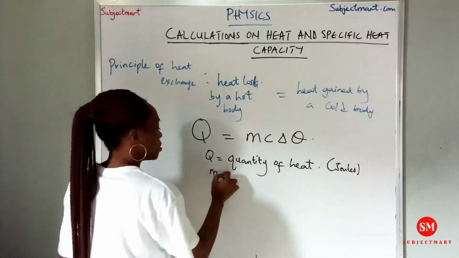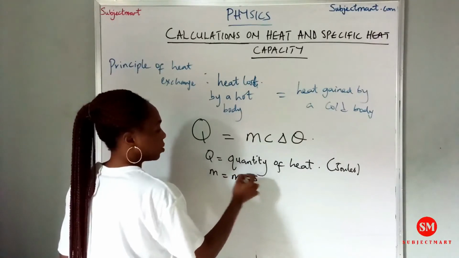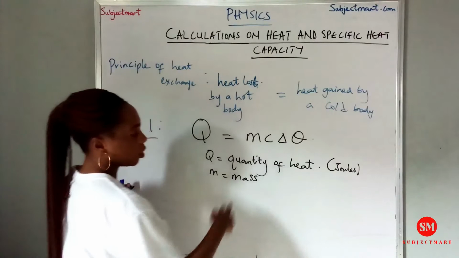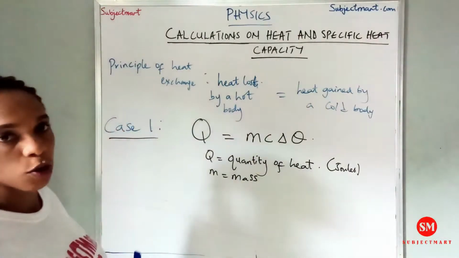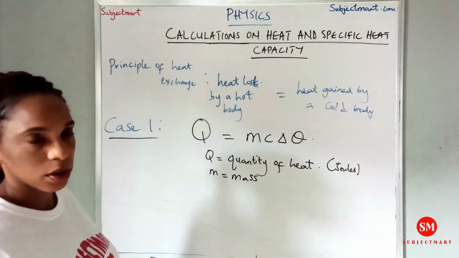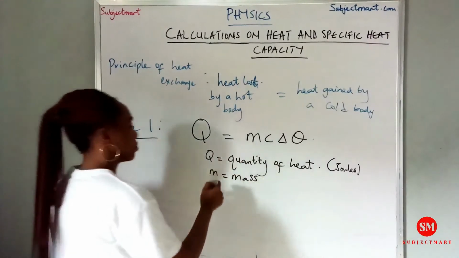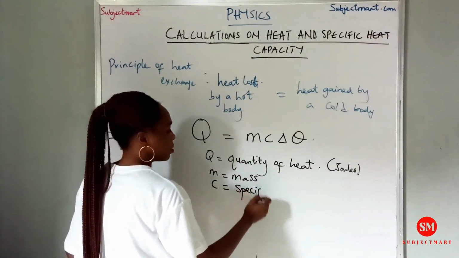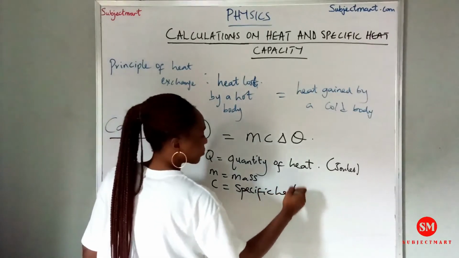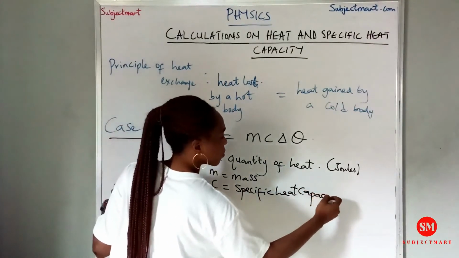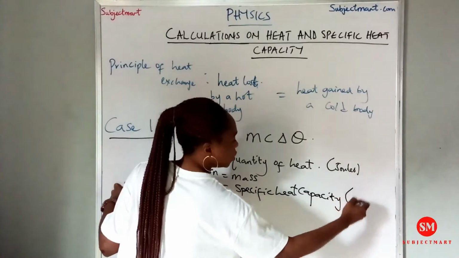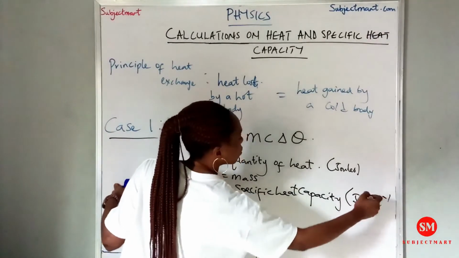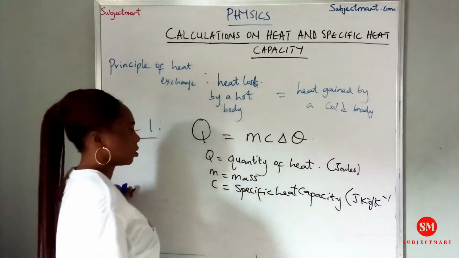M here stands for the mass, usually in kilogram. So if you are given grams, you have to convert to kilogram, except otherwise. C is the specific heat capacity of the body, and the unit is joules per kilogram per Kelvin or per Celsius.